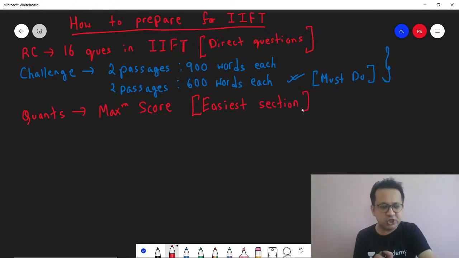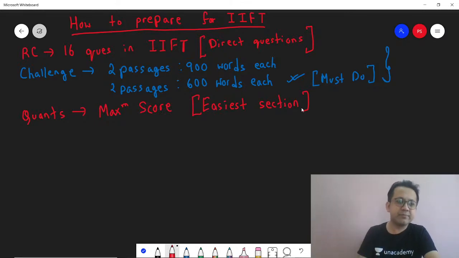So please make sure that you maximize the number of attempts in quants so as to have a high overall score. Arithmetic is the most important topic. Arithmetic, algebra, and then PNC, probability. All very easy questions. Probably difficulty level 1 is all that you need. You don't need to prepare very tough questions. These are going to be super easy.